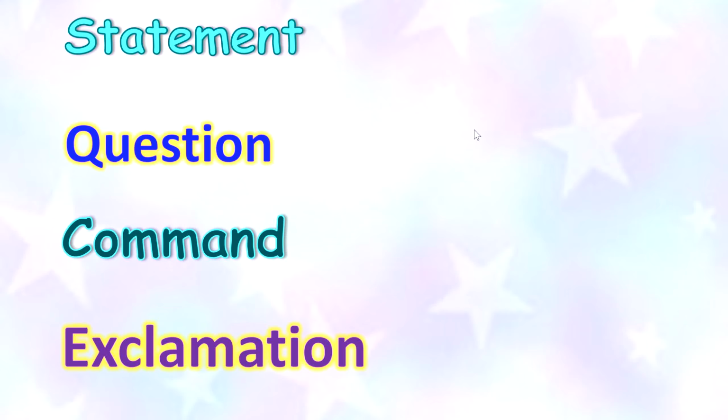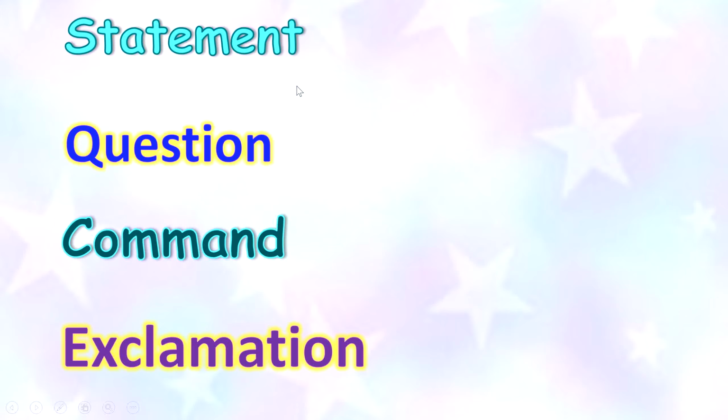Now these are the types of sentences: statement, question, command, and exclamation. Again, let's read them. Statement, question, command, exclamation. And now you all know the difference between these four types.